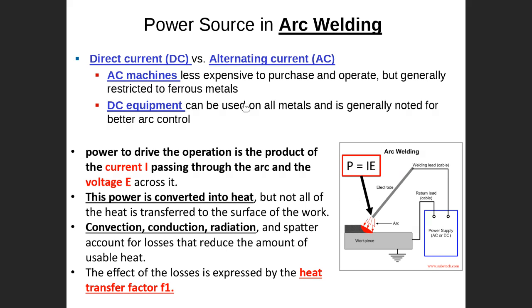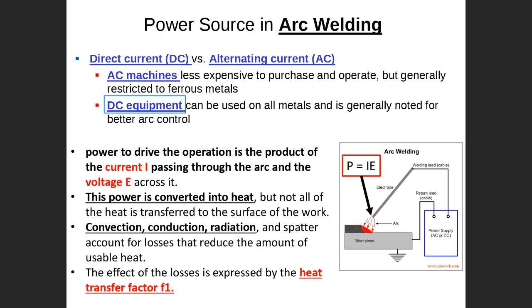This is arc welding. Generally, arc welding power could be AC or DC. AC is little used. It is less expensive actually. AC is cheap, but AC is not as functional as DC. DC is more functional, more generally used in welding.